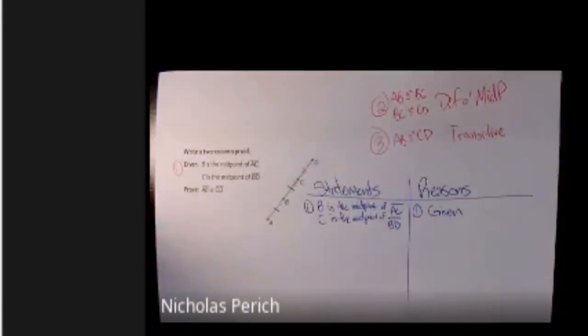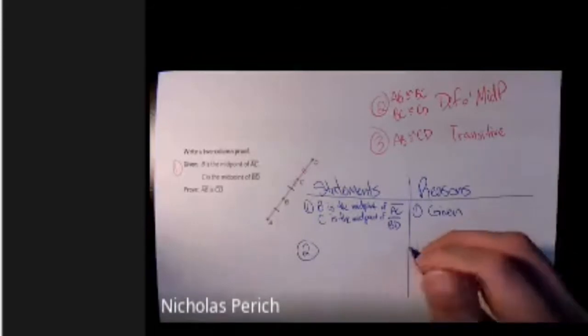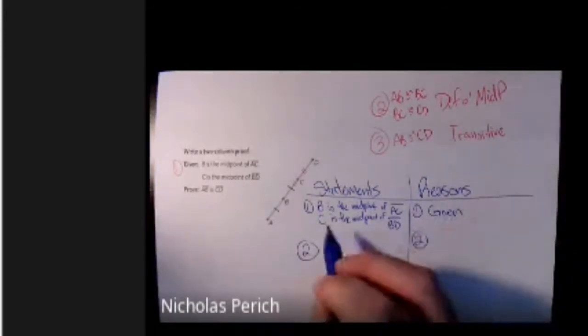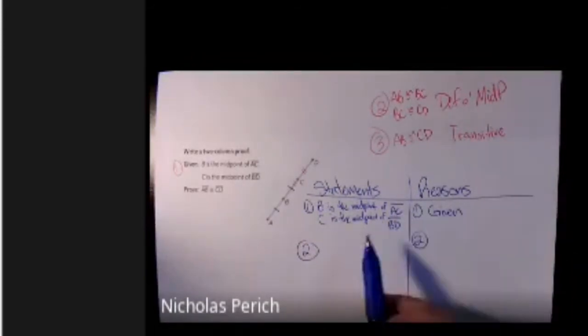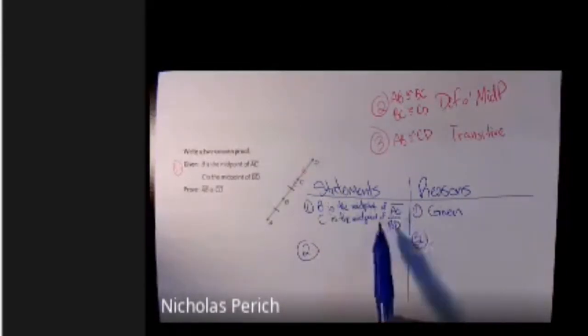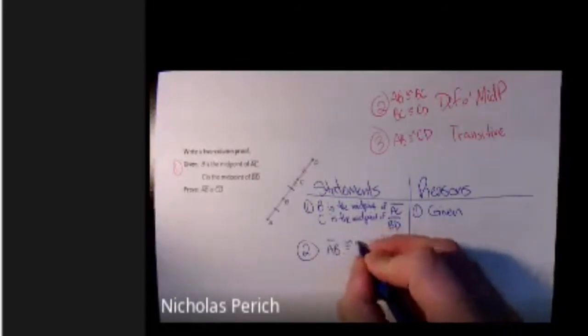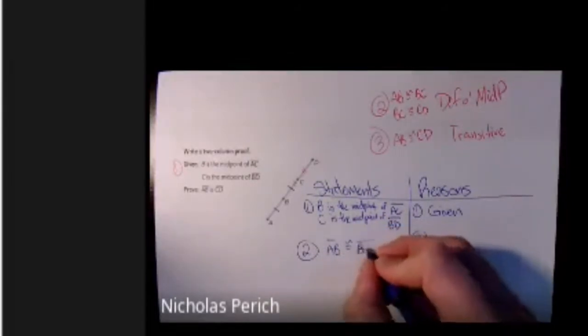All right, so we could say, since B is the midpoint of AC, that means B lives in the middle of A and C. So AB is congruent to BC.